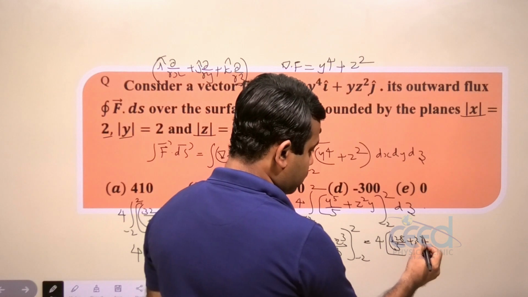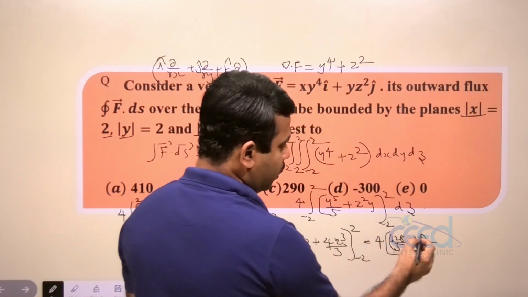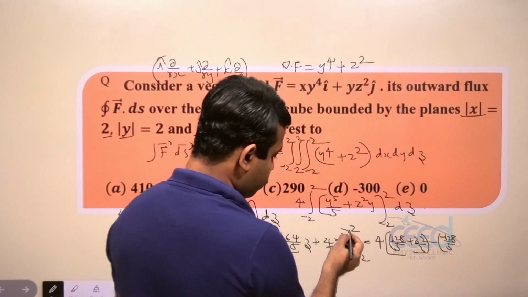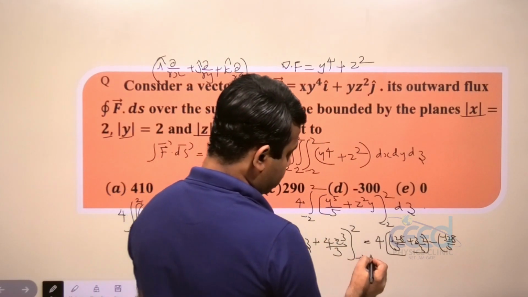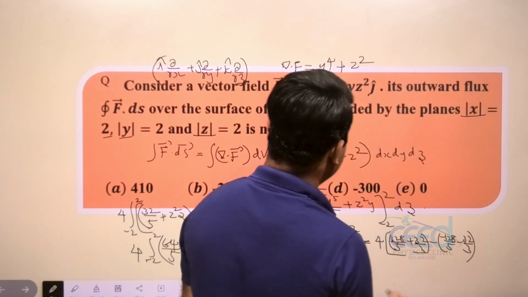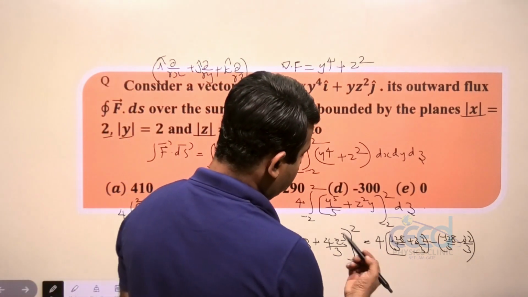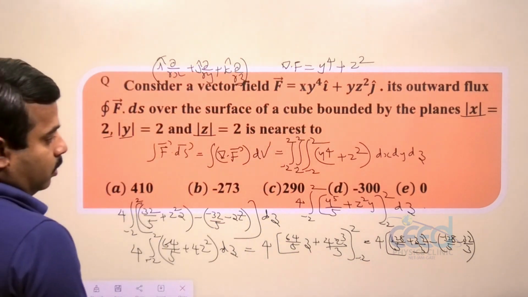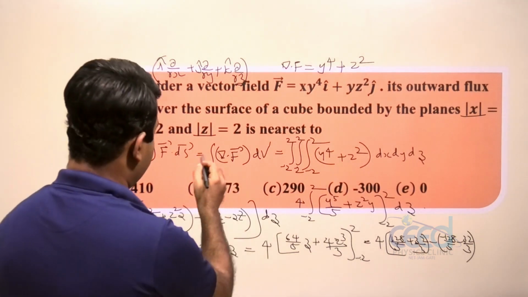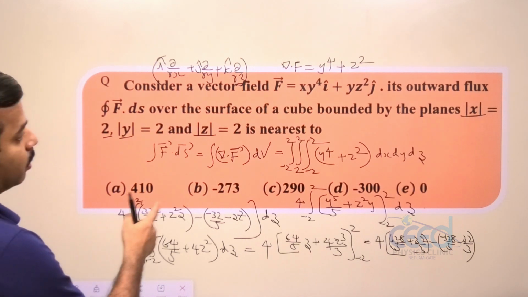Now minus, lower limit you give, again this will become minus 128 divided by 5, this becomes minus 32 by 3. Now we can substitute these values. So let me take this area, or maybe again erase here.